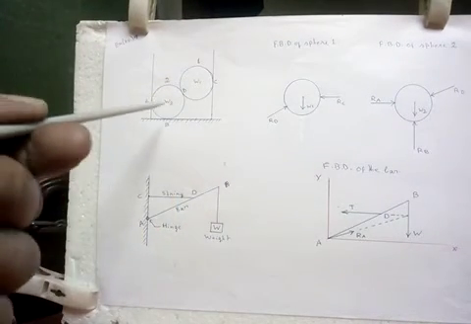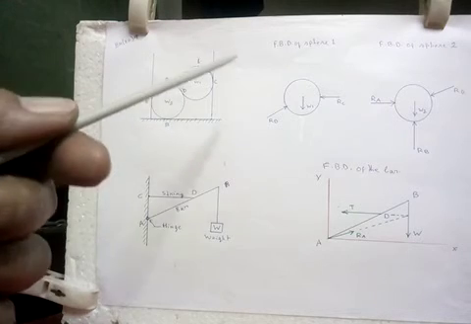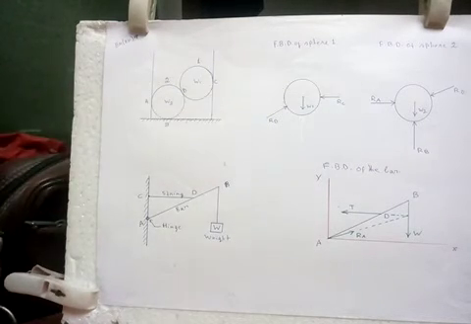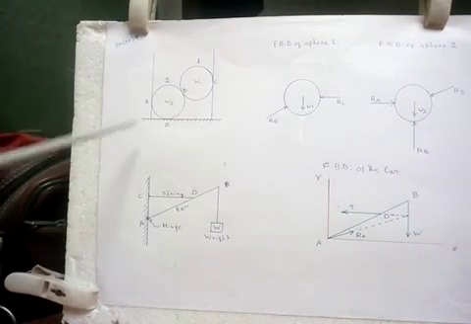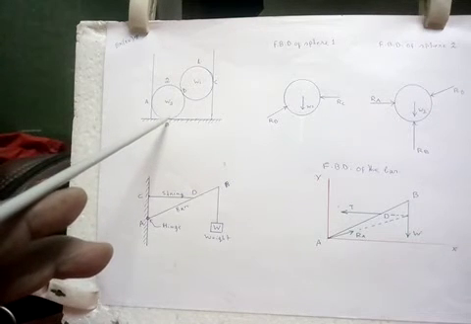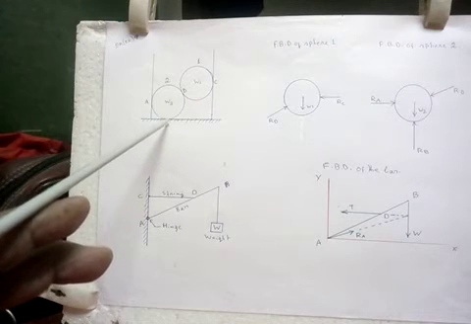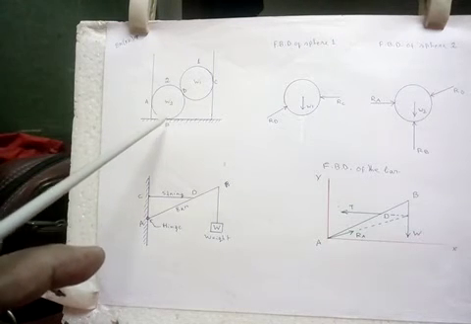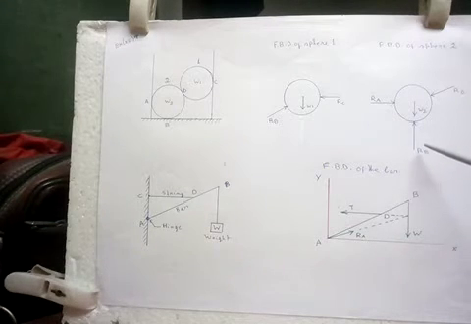Now let us go to the second sphere. Now this is the weight W2. W2 is acting vertically downward, and since it has touched the bottom surface of the cylinder, which is giving the reactive force vertically upward. So at point B the reactive force is RB, vertically upward.